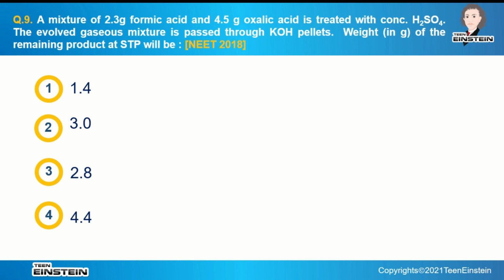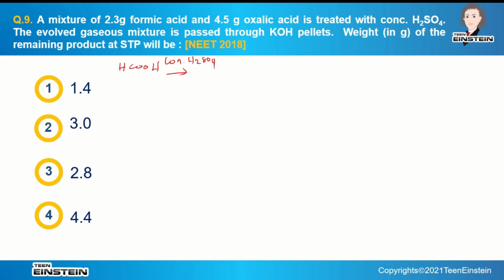So first we write down the equation. First we take formic acid, that is HCOOH, which is treated with concentrated sulfuric acid.